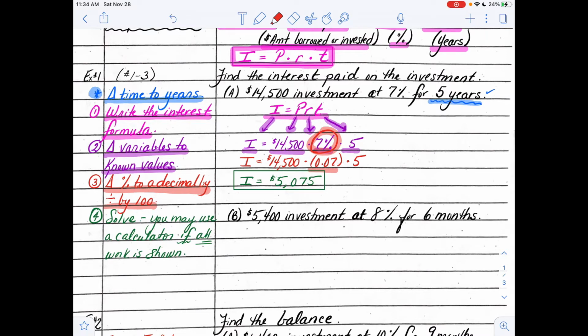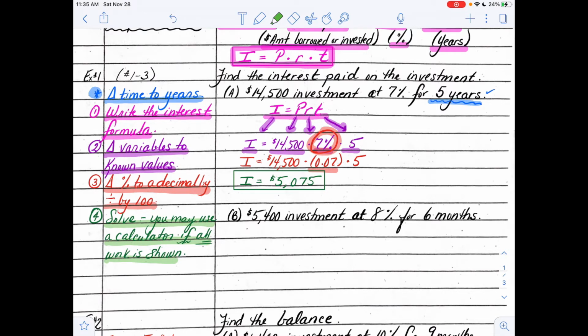Now you've seen that I showed my formula, I showed changing the variables to the known values, and I showed that I changed the percent to a decimal. Since I showed all my work, it says here, solve, and I can use the calculator.